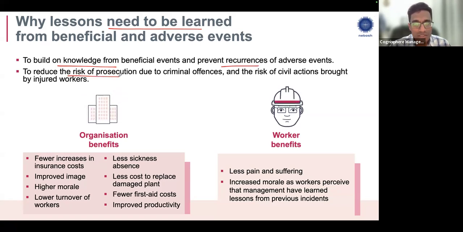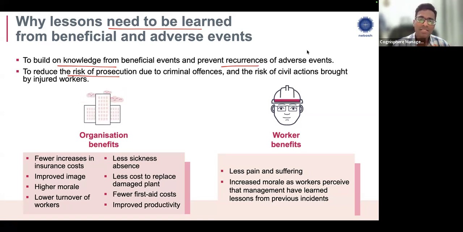Another reason is to reduce the risk of prosecution due to criminal offense and the risk of civil actions brought by injured workers. Overall, by preventing the recurrence of an incident, you're avoiding financial losses, legal consequences, and damage to the morale of the workers.